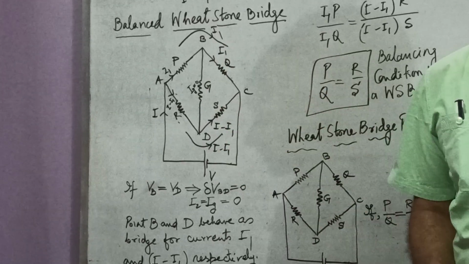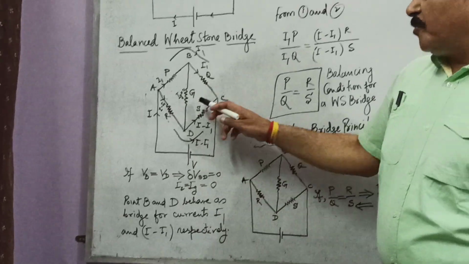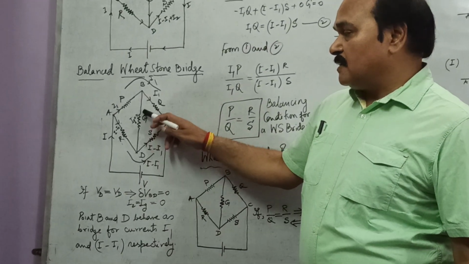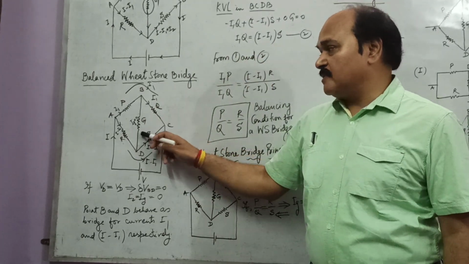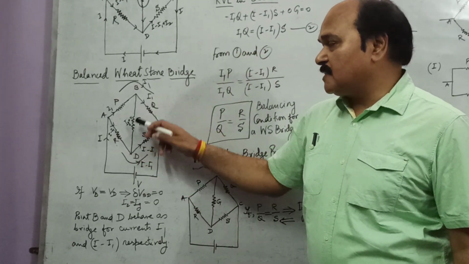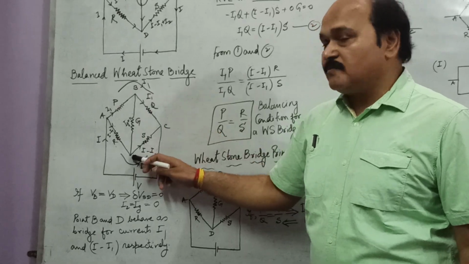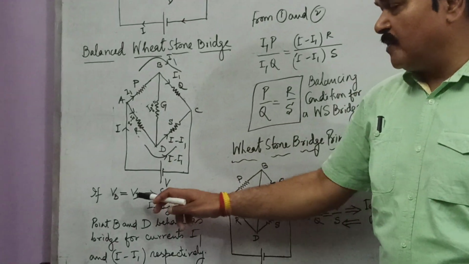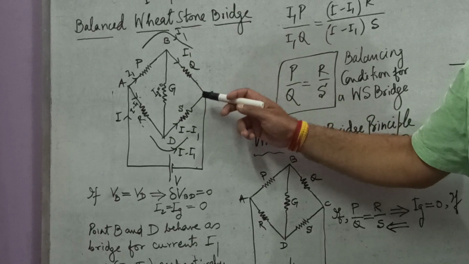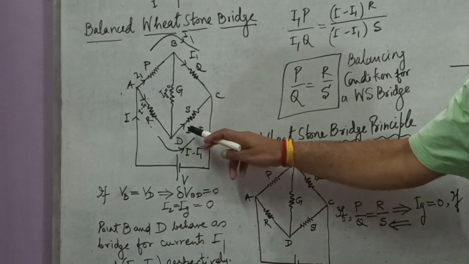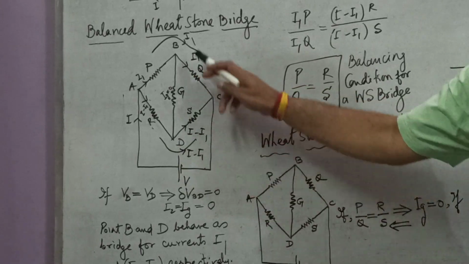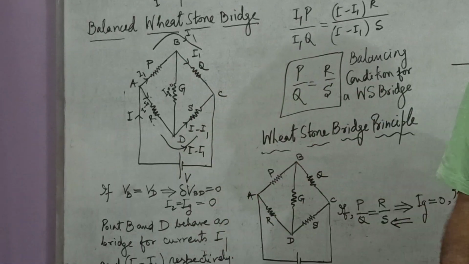You know, potential difference is directly proportional to current. When there is no potential difference across this galvanometer, which has G ohm resistance, point B and D are at same potential, then current through this would be 0. So potential difference between B and D is 0, and because of that, current through galvanometer is 0.